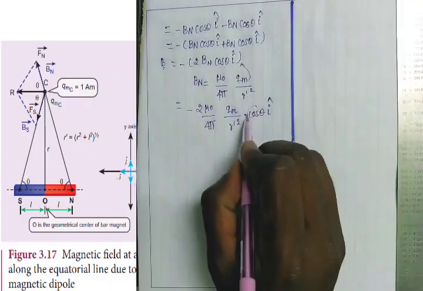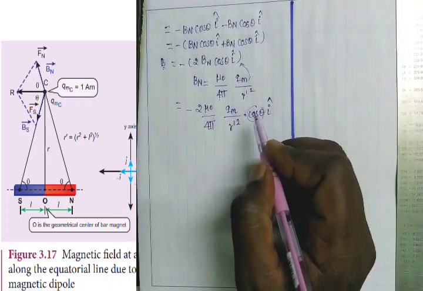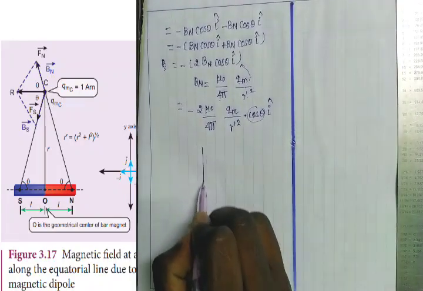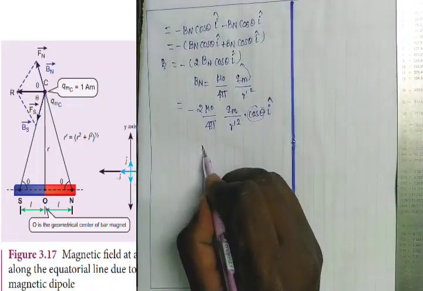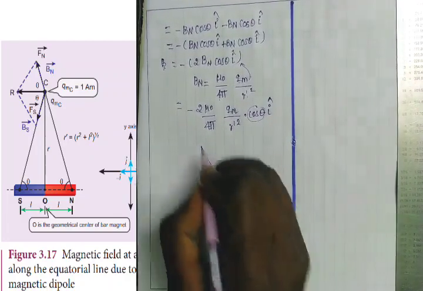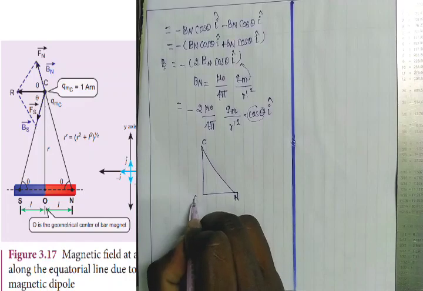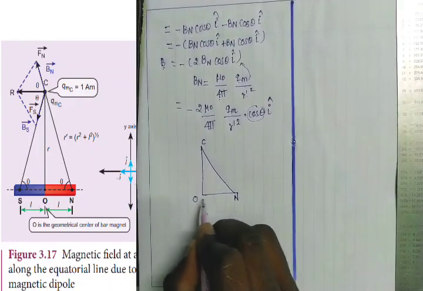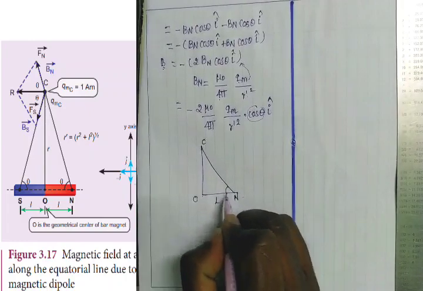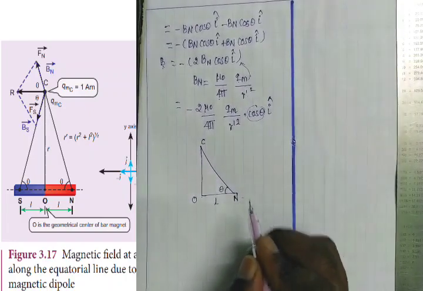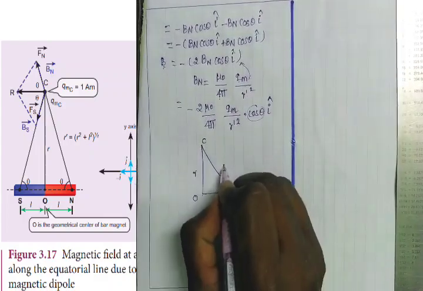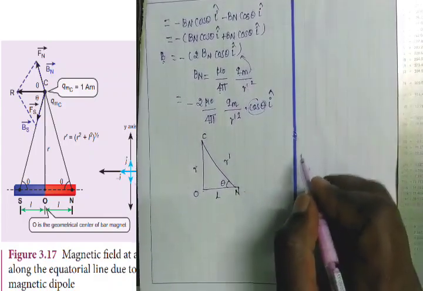So next we want to calculate the cos theta value, right? From the above diagram, this is the north pole, this point is C, and this is the geometrical center O. The distance from the geometrical center to the north pole is L, and it makes an angle theta. OC is R, and CN is R dash.